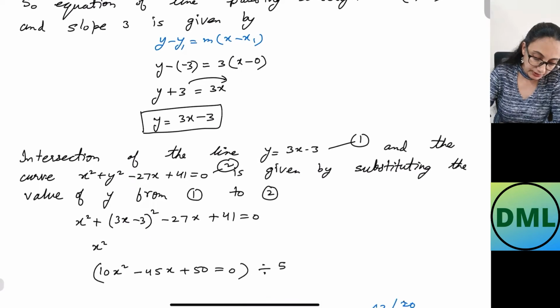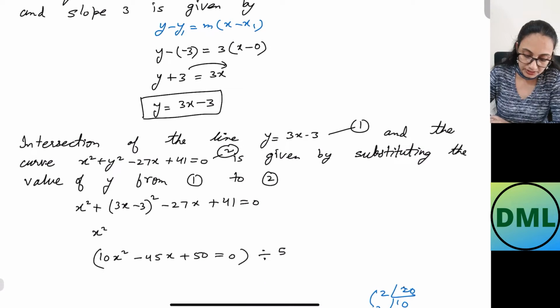Now we have to find the intersection of the line y = 3x - 3 and the curve. So let's substitute the value of y from equation 1 into equation 2.